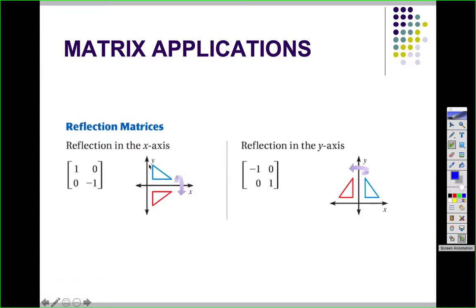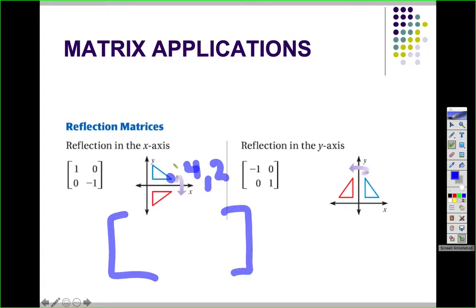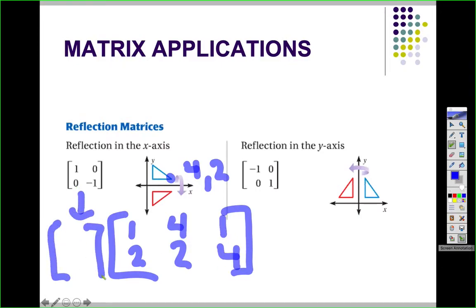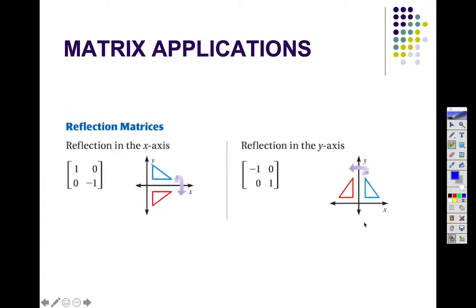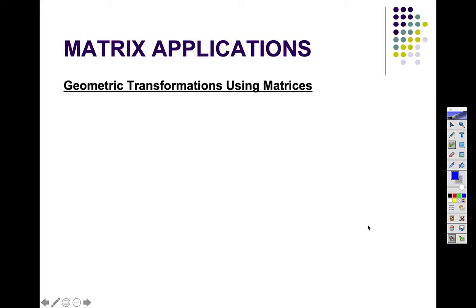So, for instance, right here, if I took this point, and let's say this point was (4, 2), I would make the matrix. This would be point B, (4, 2). Let's say this point is (1, 2), and then this point is (1, 4). I could take this matrix right there, multiply it by the points on this figure, and you would get our new figure down here. I'm going to show you how this works, but we're going to start today with x reflections and y reflections.